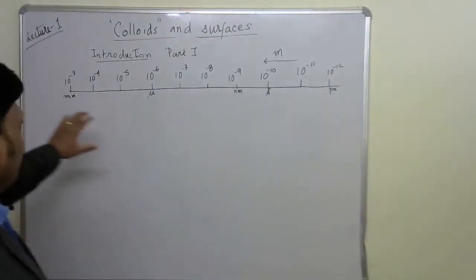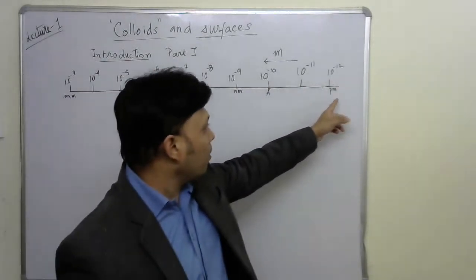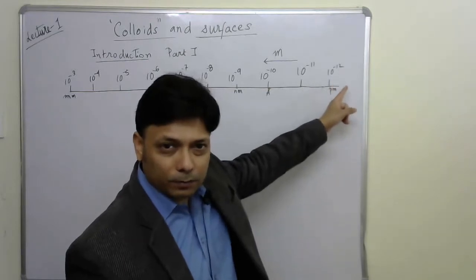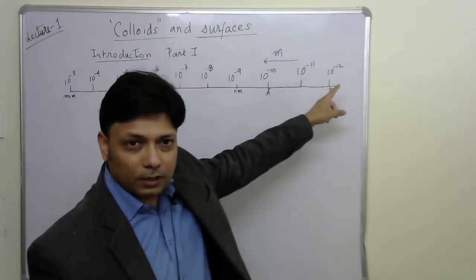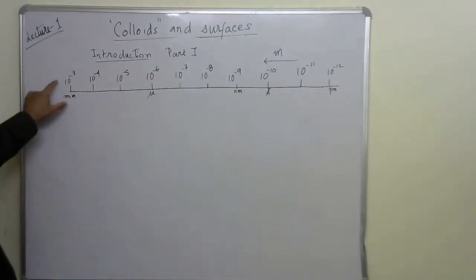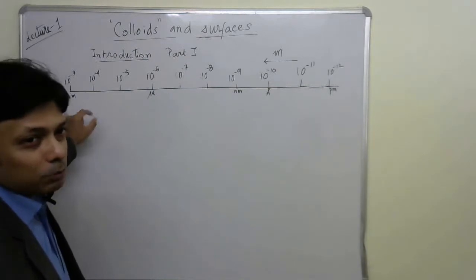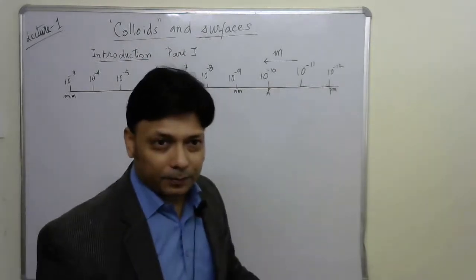So here I have drawn a comparative scale. We have started from picometer, 10 to the power negative 12 meter, and we are increasing in this way up to here. So this is 10 to the power negative 3 meter, that means millimeter. This should be visible to us with the naked eye.